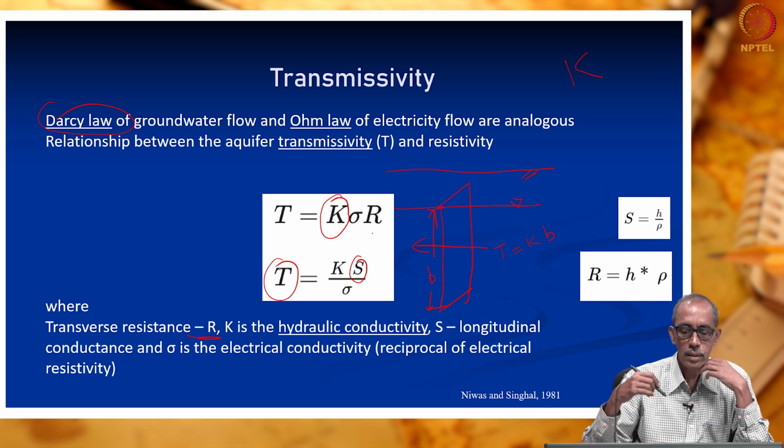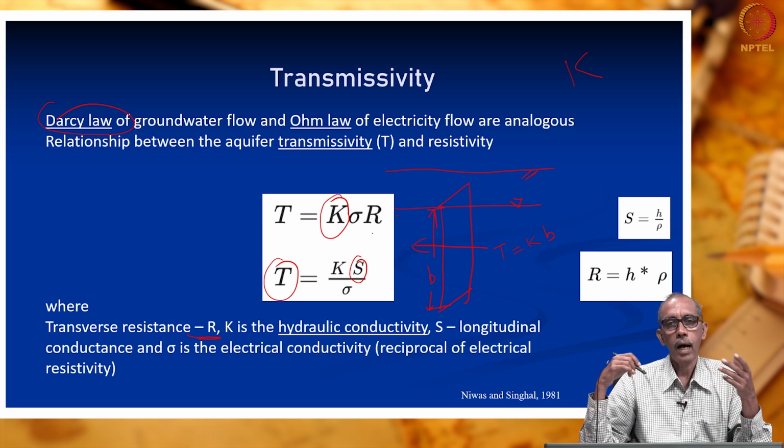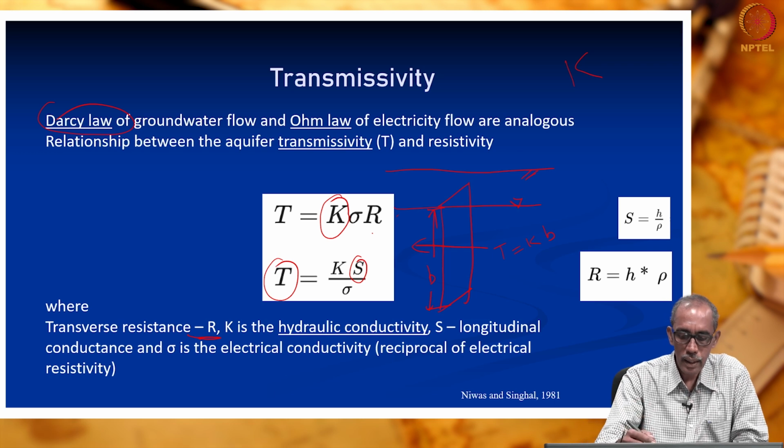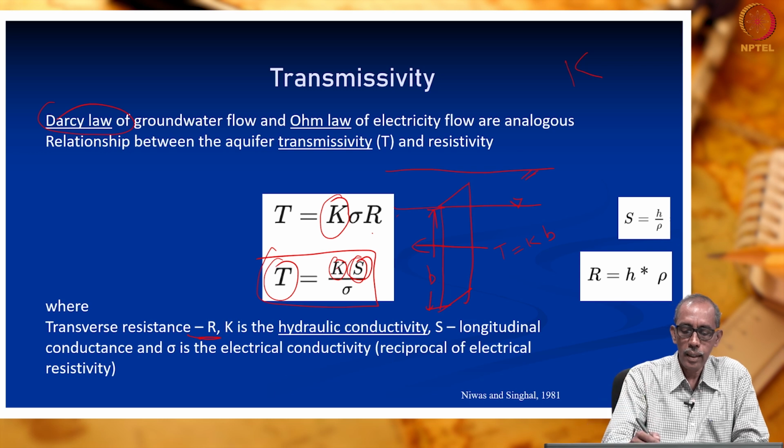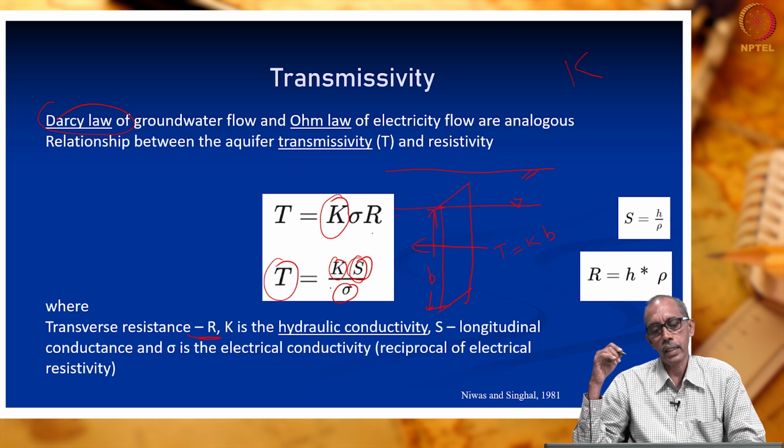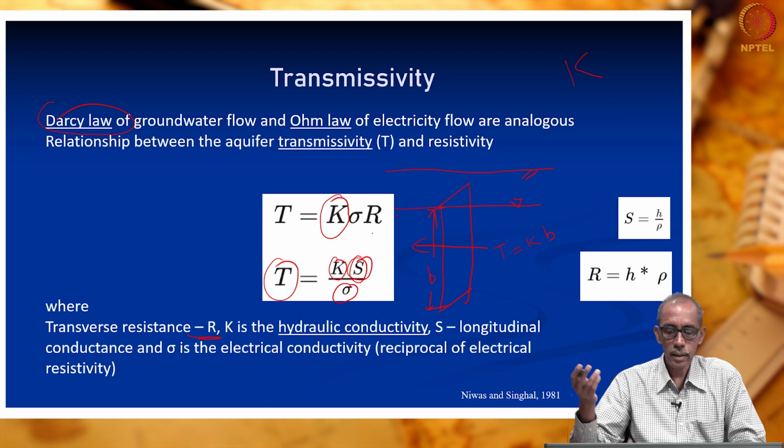So, here the aquifer's hydraulic conductivity, or in other words transmissivity, is estimated using this relationship, which states K, the hydraulic conductivity, multiplied by the longitudinal conductance S, and here we have electrical conductivity. Electrical conductivity is the reciprocal of, inversely related to, electrical resistivity.